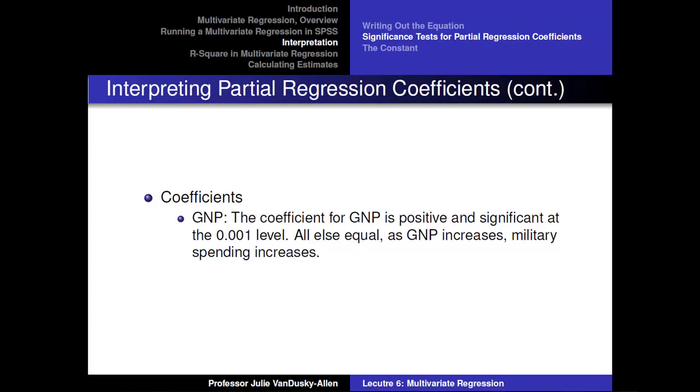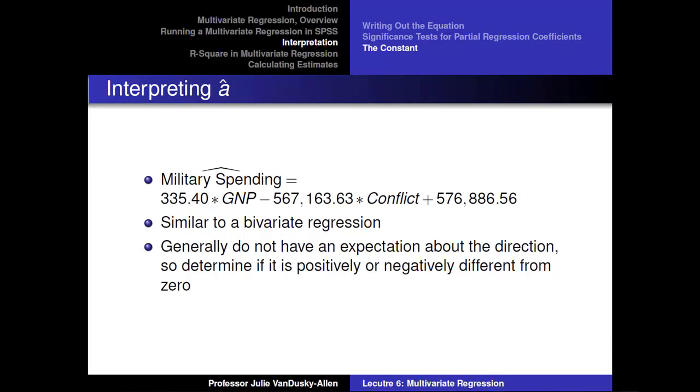So going back to our example, when interpreting our coefficient for GNP, we would say the coefficient for GNP is positive and significant at the 0.001 level. All else equal, as GNP increases, military spending increases. Now moving on to interpreting the constant A hat.